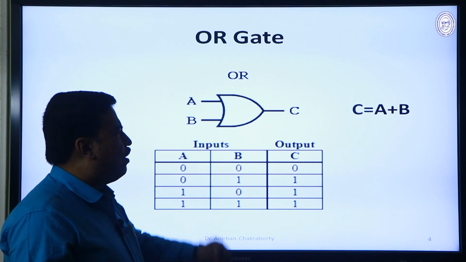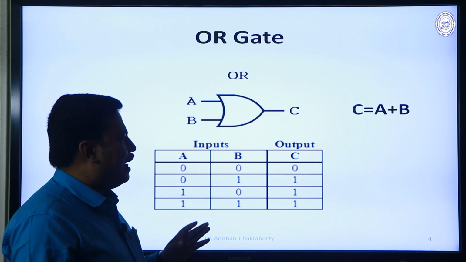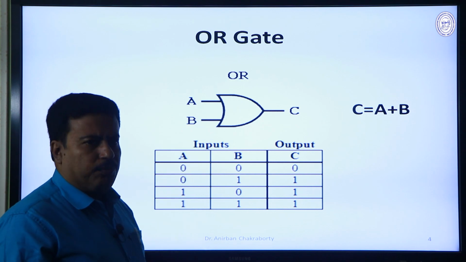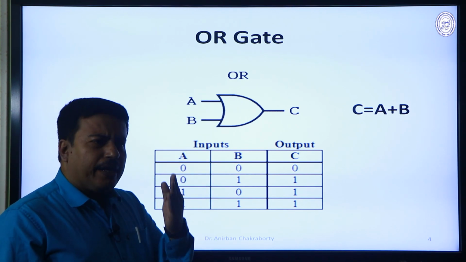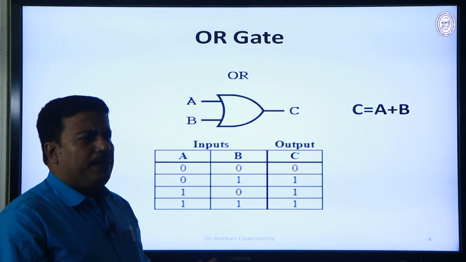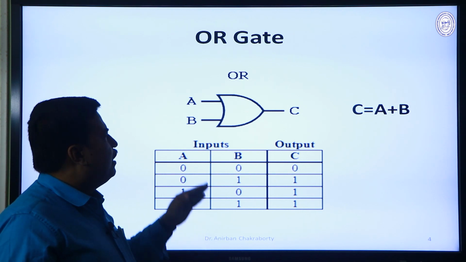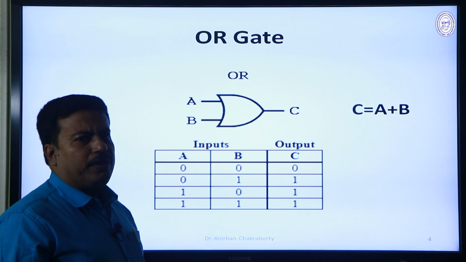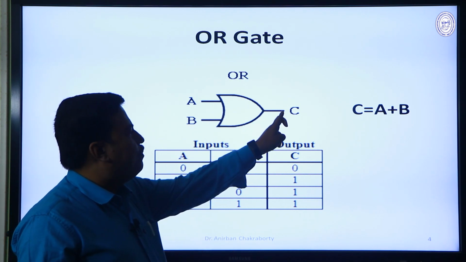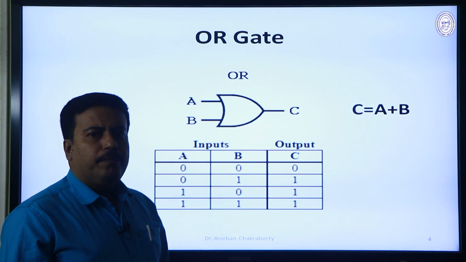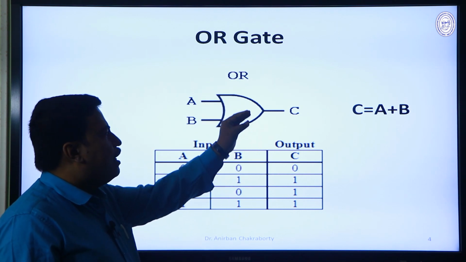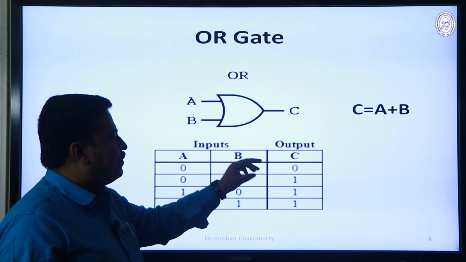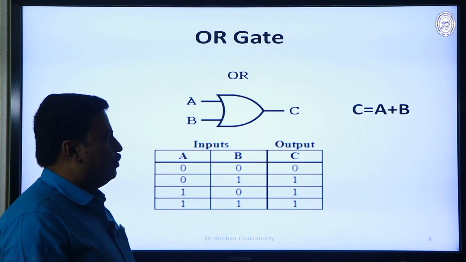Suppose you have an OR gate with 20 inputs. Among these 20 inputs, if 3 inputs are 1 or even just one input is 1, no matter, as long as at least one input is 1, I put 1 at the output. If all the inputs are 0, only then do I offer 0 at the output.